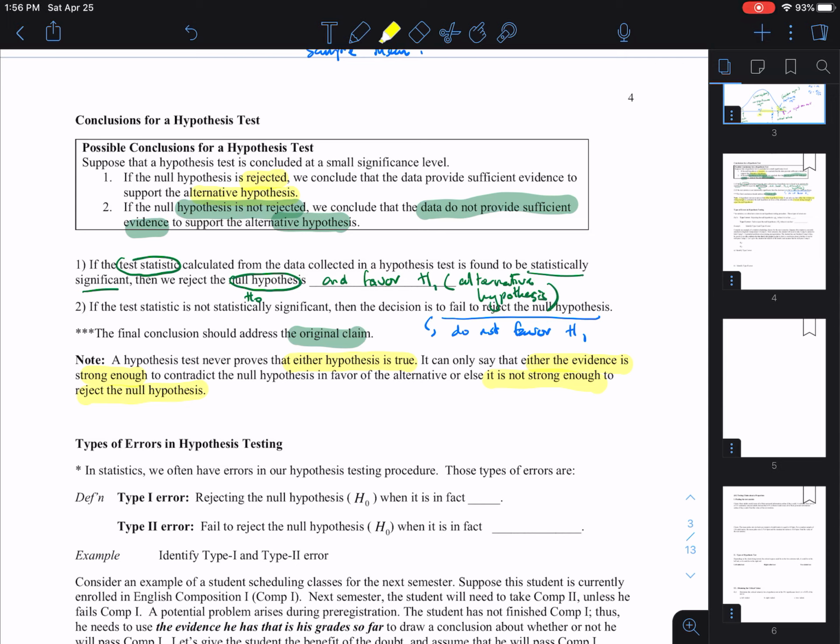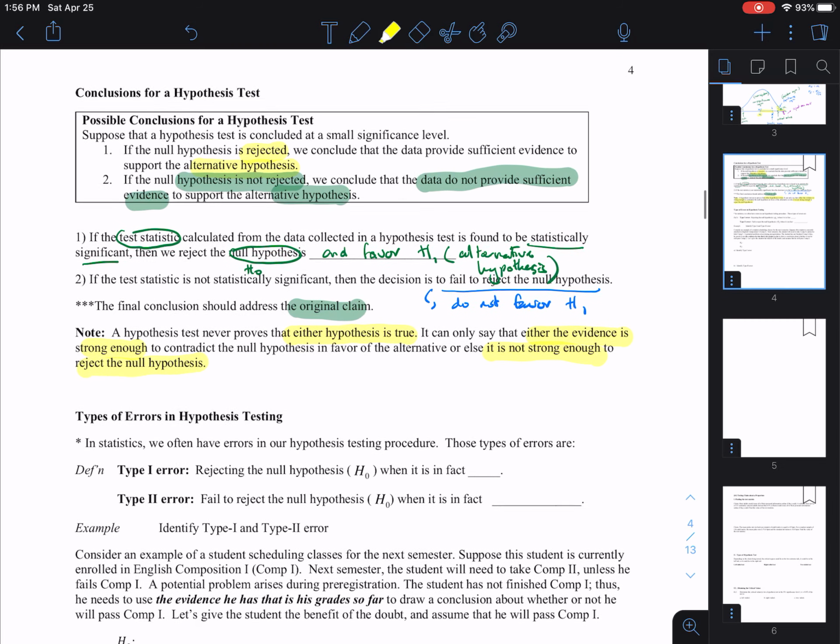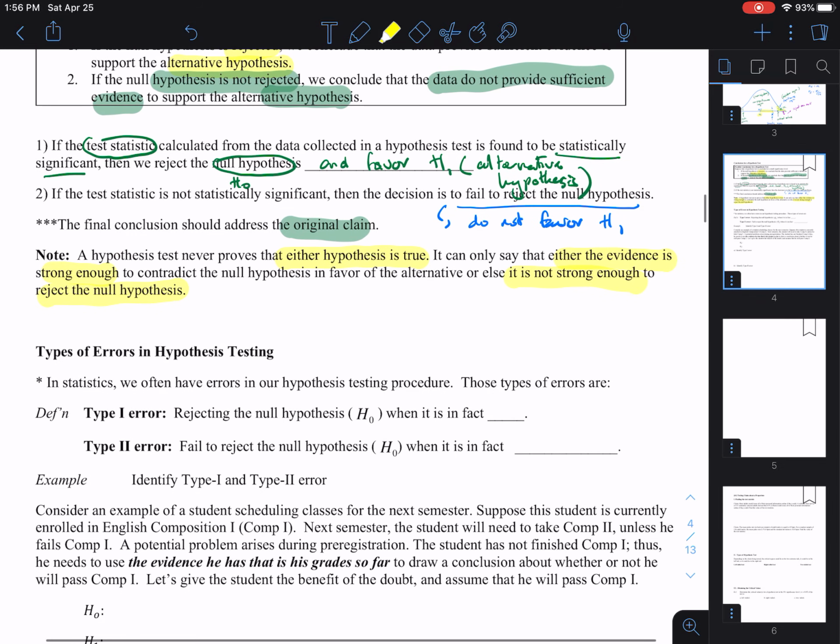Just like in anything else, there are always mistakes or errors in any decision making. When it comes to hypothesis testing, we have two types of errors: type 1 error and type 2 error. When the evidence points to the null hypothesis not being supported, we reject it, but it turns out maybe we have bad evidence and the null hypothesis is actually true.